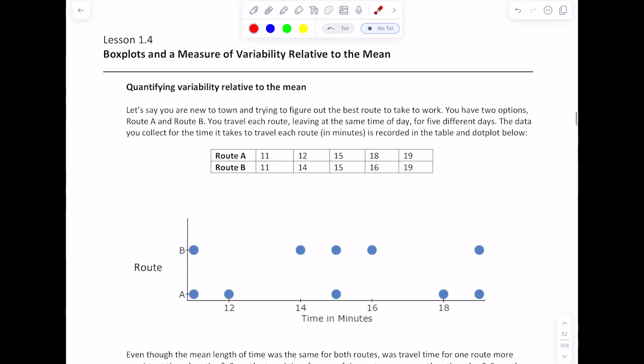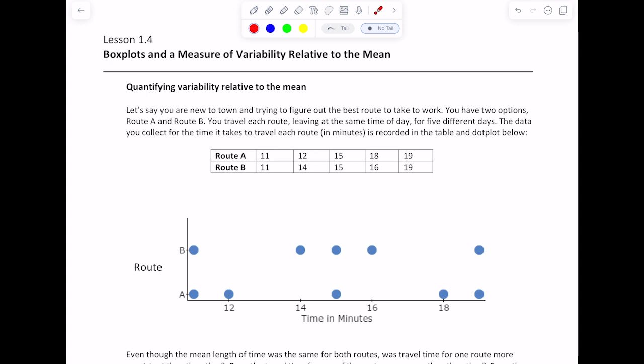Okay, let's look at another way to quantify variability. One way is looking at the IQR, the 50%, and also looking to see whether we have any extreme values there. Let's say we have two routes, Route A and Route B. These are the two options you have trying to figure out the best route to take to work.